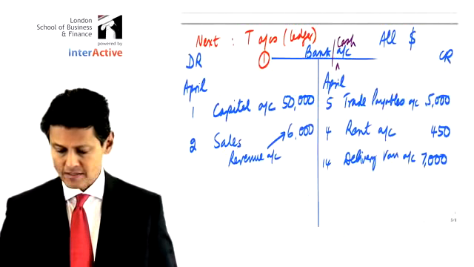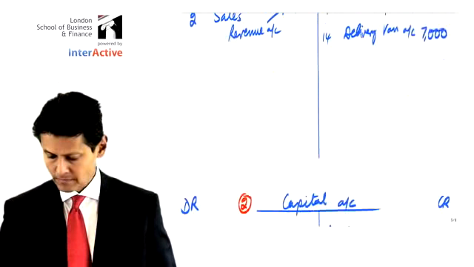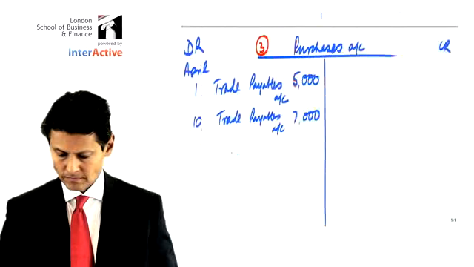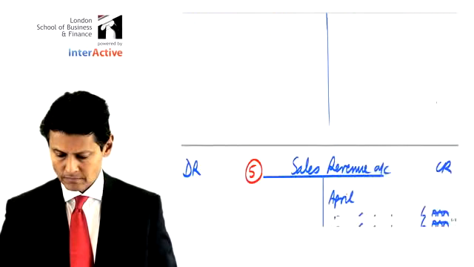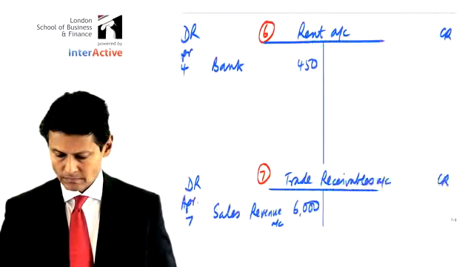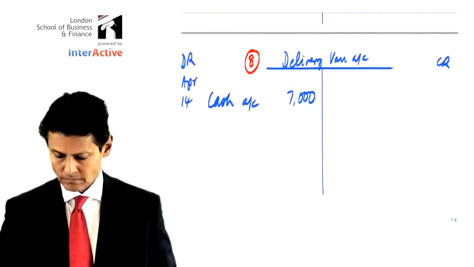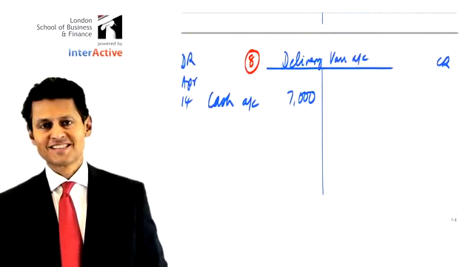So, a quick check. How many items have we got? Just make sure you've got 16 movements recorded. Can we check? 5 in the first account. I'll make that 16.